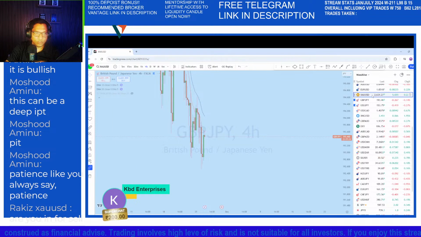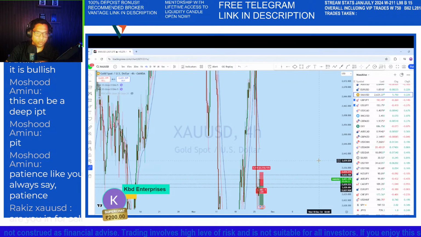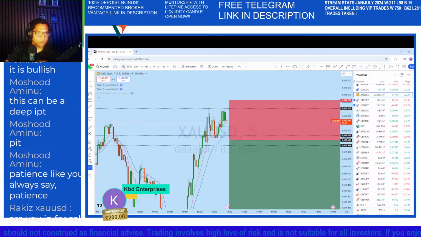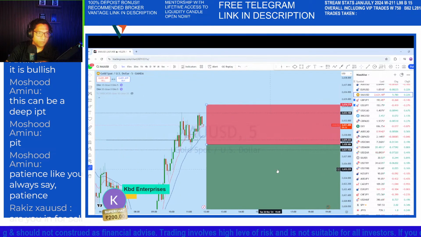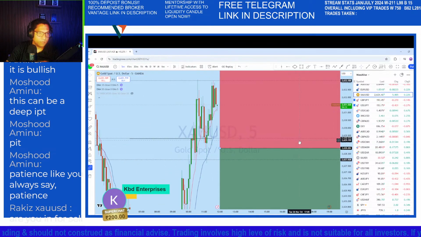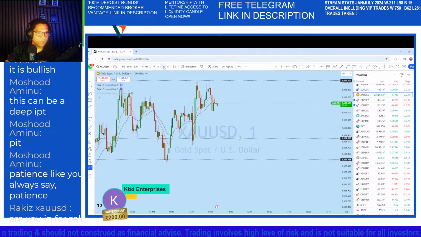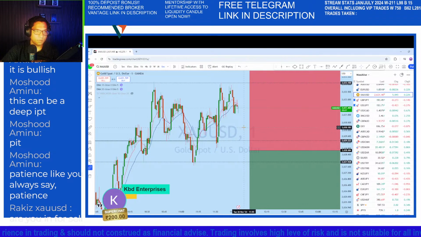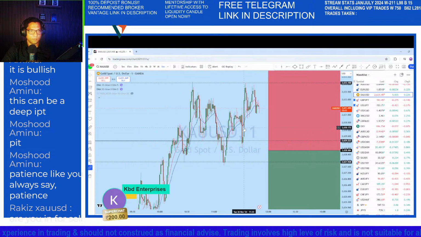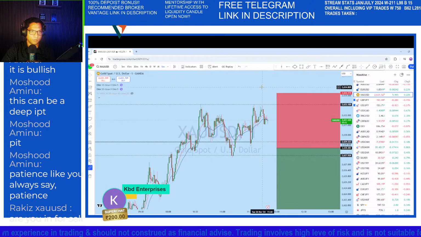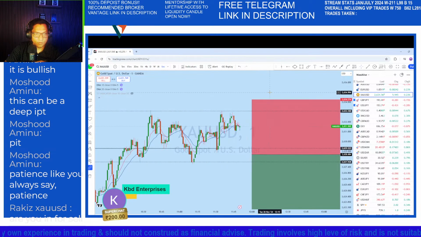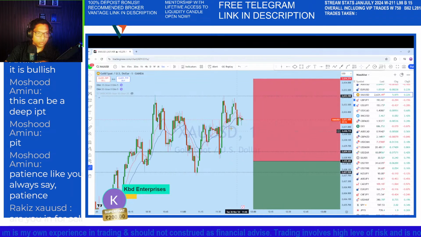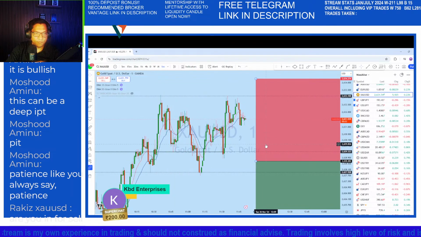We saw a little bit of GBPJPY to see how it is doing. Narrow consolidation pattern here.